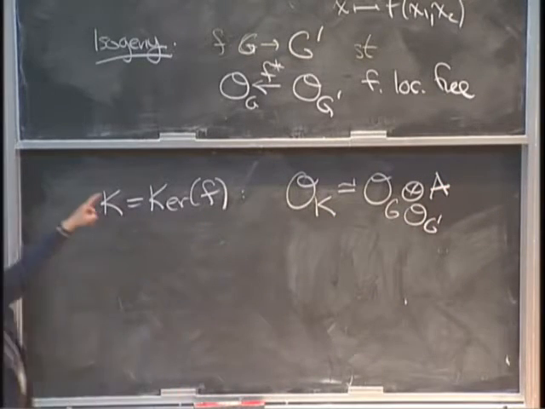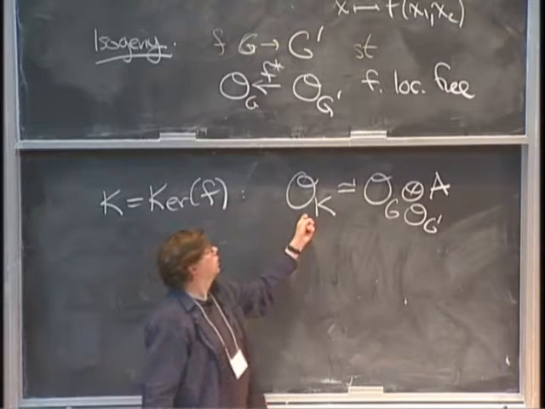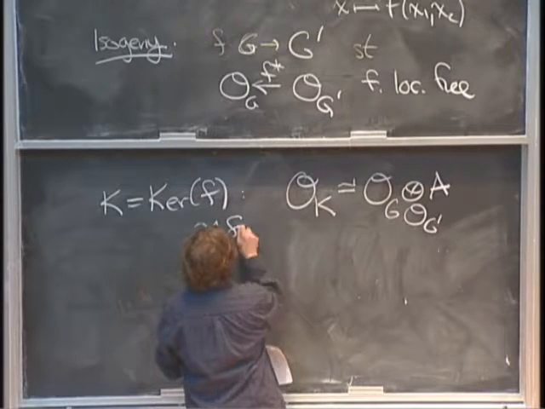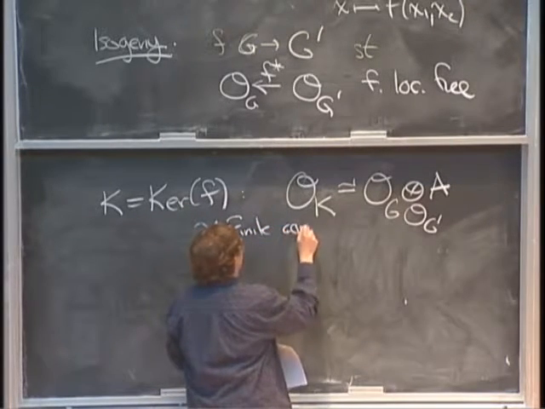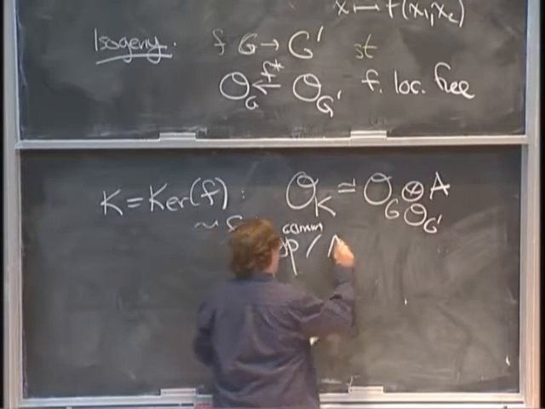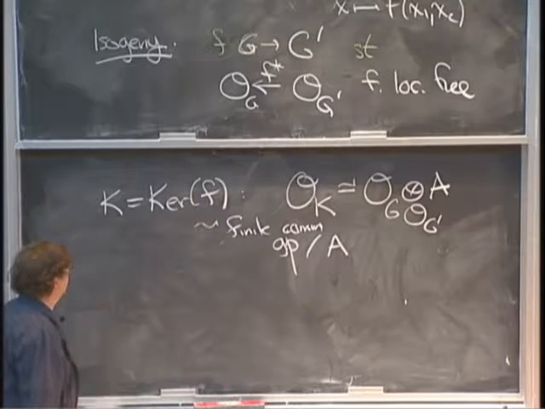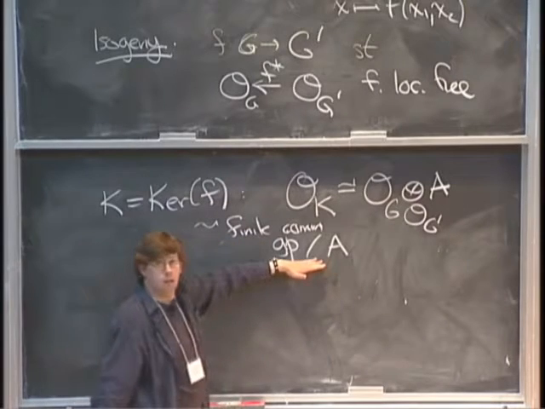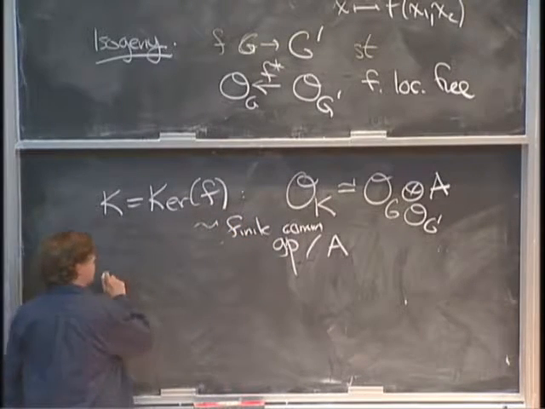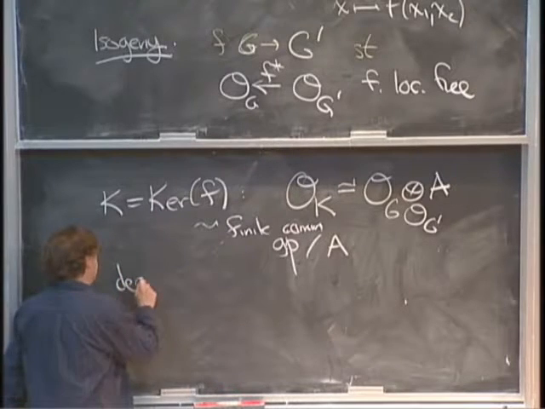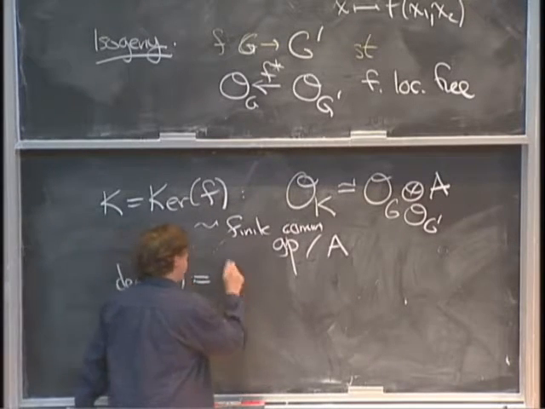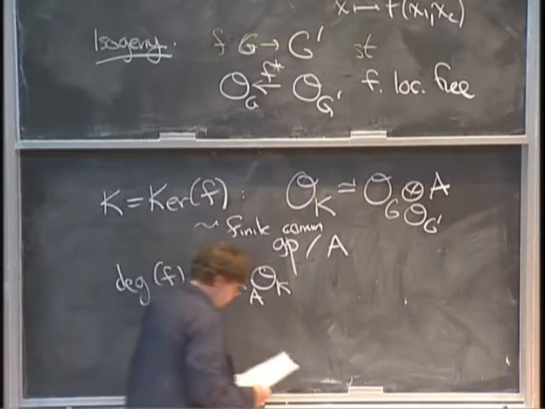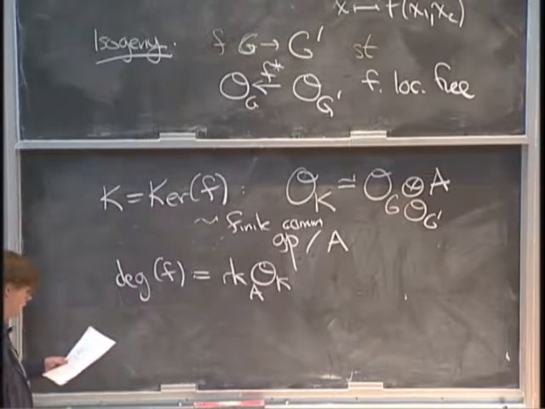But the observation is that if you have an isogeny, then this gadget is finite and locally free over A. So it's a finite commutative group scheme over A. There's a notion of degree, which is basically the rank of this map, or if you like, the rank of this O_K as a module over A. So there's the degree of F. That's just the rank of O_K over A. It's really only defined locally somehow, but very soon A will be a local ring, so that won't matter.